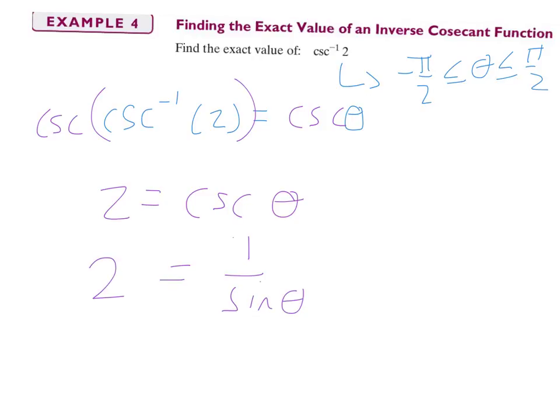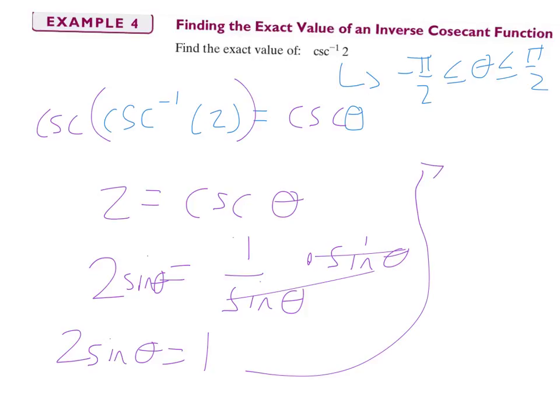So 2 is equal to 1 over sine of theta. So if you multiply both sides by sine of theta, 2 times the sine of theta is equal to 1, which means sine of theta is equal to 1/2. I don't know why I just circled that, because we're not even done yet.